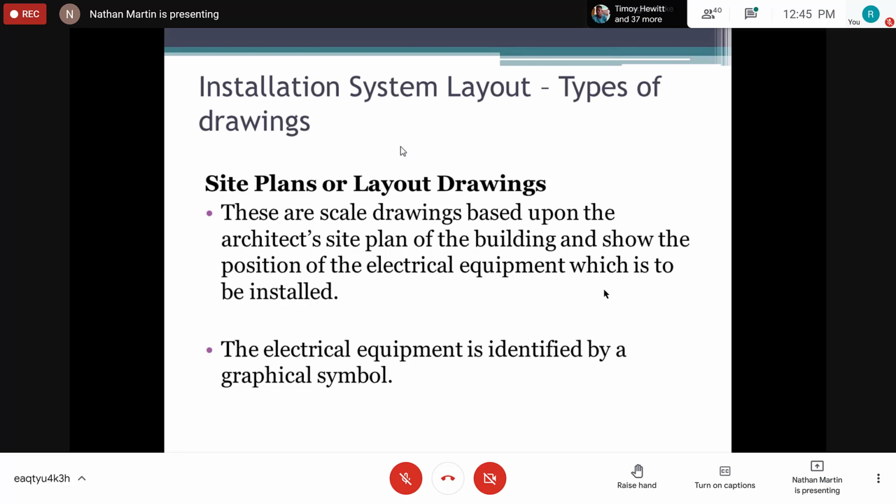And again, the electrical equipment is identified by a graphical symbol, and this is why we need to learn the symbols from year 1 coming up, so as to be able to read these diagrams.